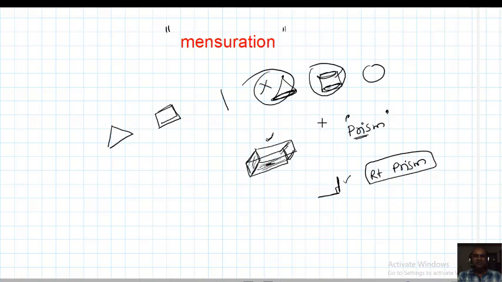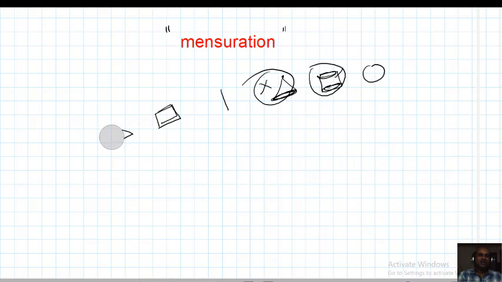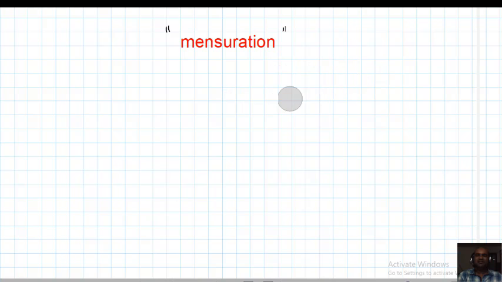All the properties of the prism I will explain using this cuboid. Because in the last class we already discussed all formulae for cube, cuboid, cone, cylinder and sphere. In this class we need to solve different types of problems.